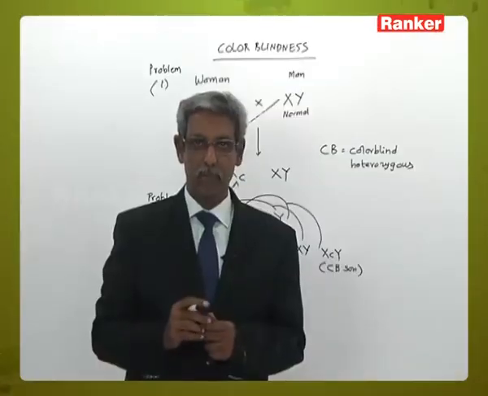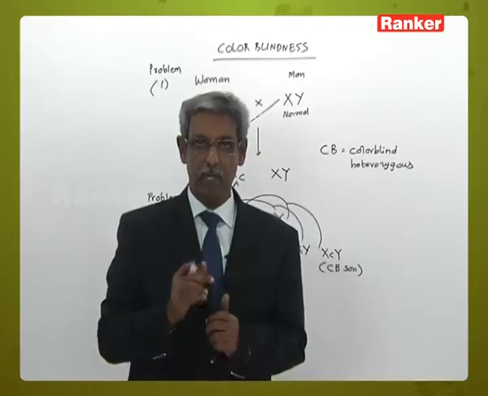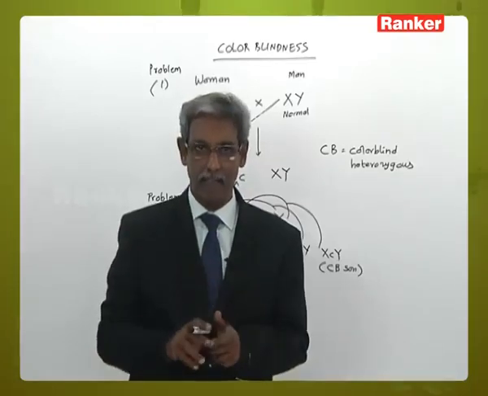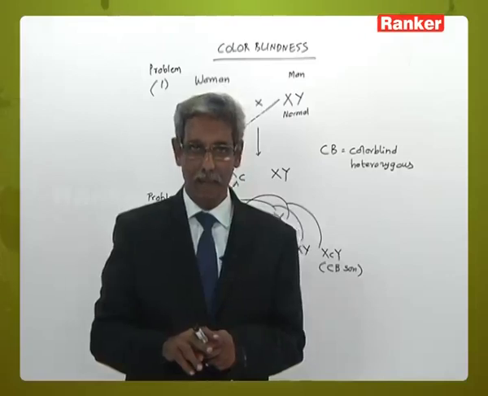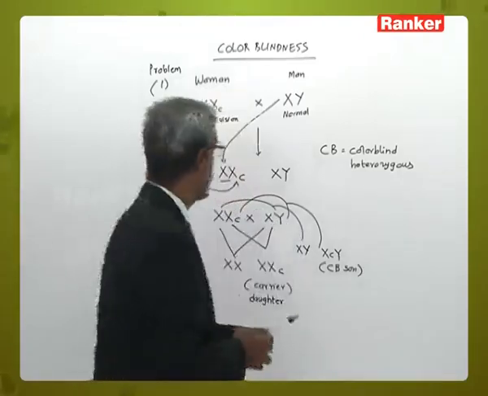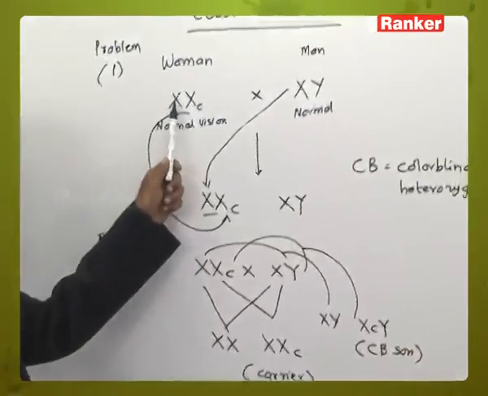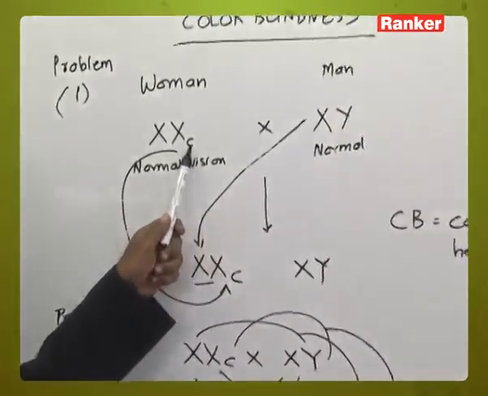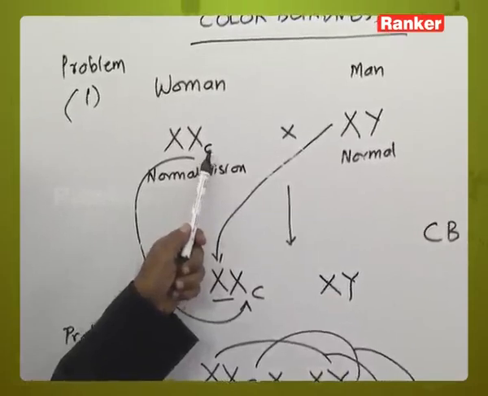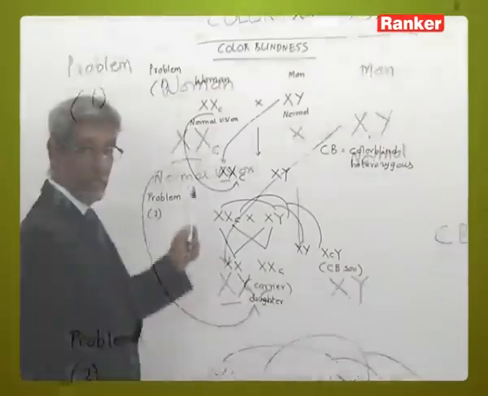We will be looking at issues with relation to objective bits in color blindness. Normally in color blindness, as you understand, the woman is the carrier, and a woman with XX is a carrier for color blind. She could have a normal vision.